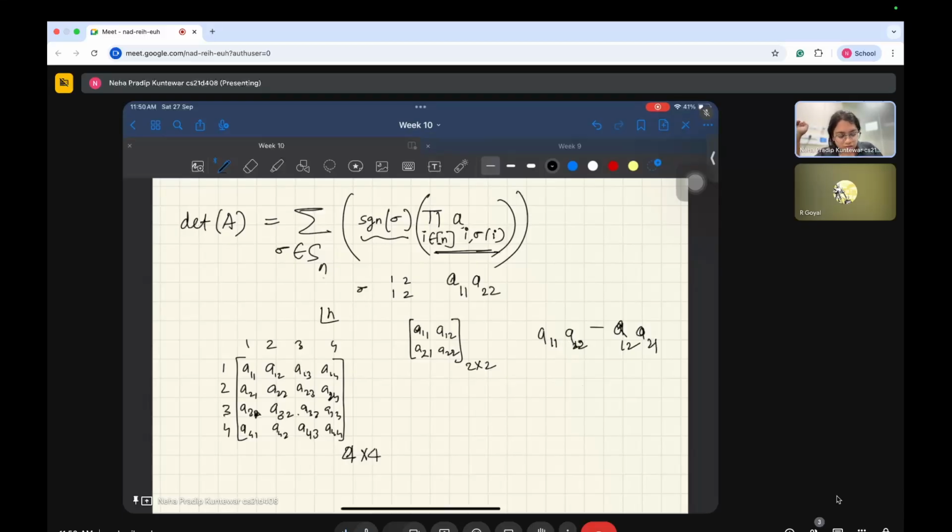Then we look at the second permutation, where 1 goes to 2 and 2 goes to 1. What is its sign? It would be negative, because there is one inversion. So minus, 1 goes to 2 and 2 goes to 1, which is exactly what we have here. This process is really wonderful.